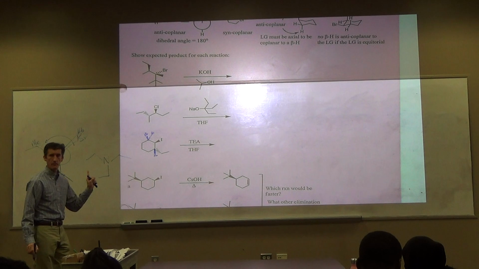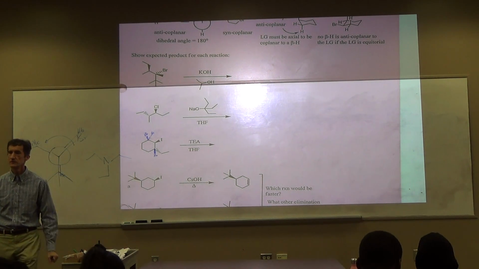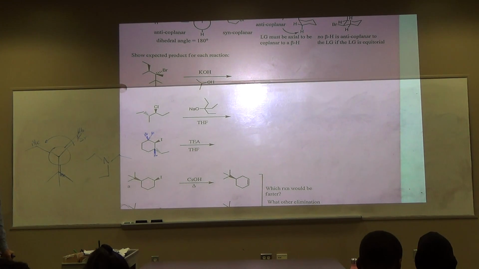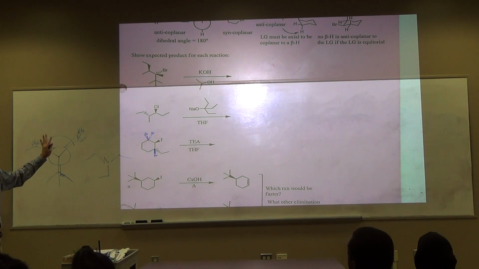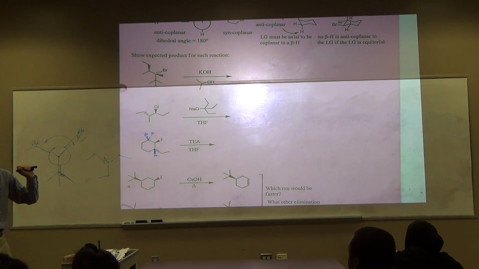How many theoretical products are possible? 2, right? But don't be confused, those H's are the same, so don't think that's going to cause any difference. How many possible products? 2.